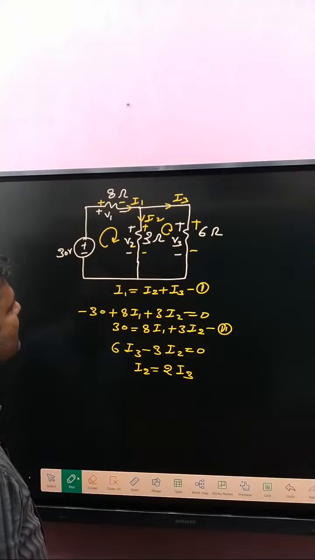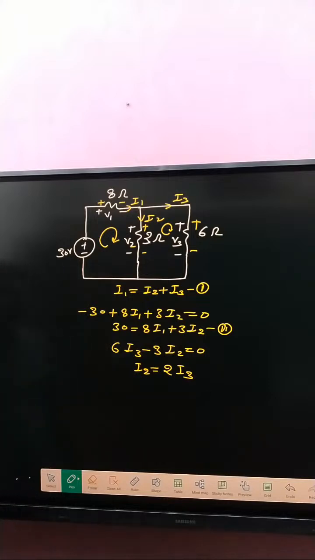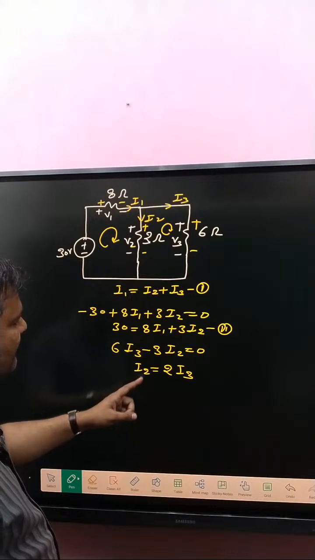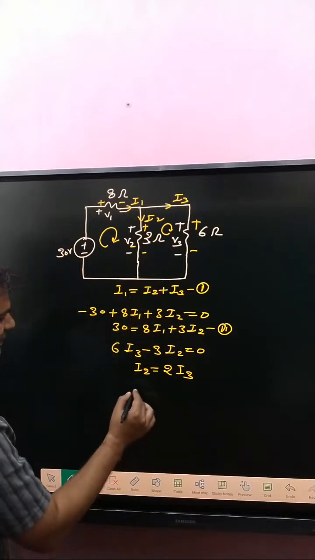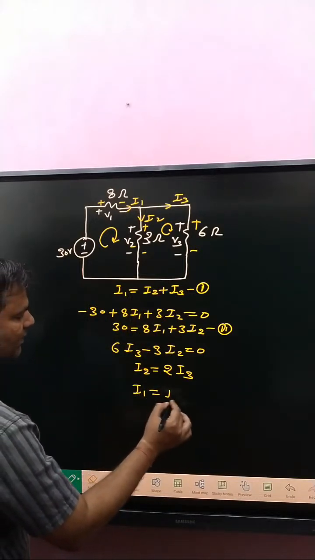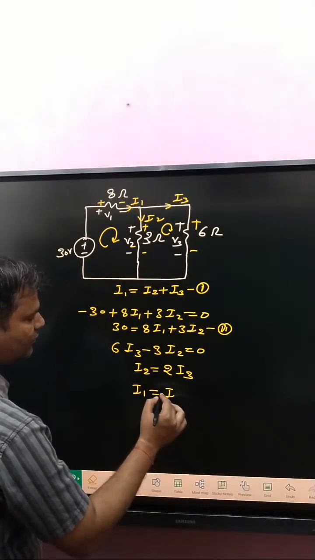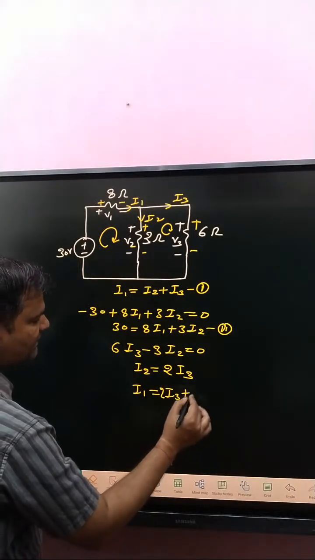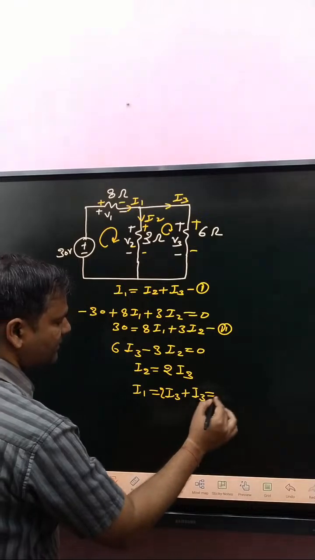Clear or not? After that, if that value is put here, we get I1 is equal to 2 times I3 plus I3, so that is 3 I3.